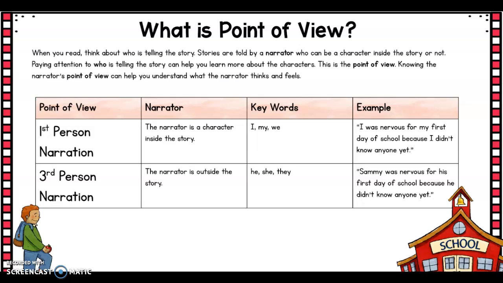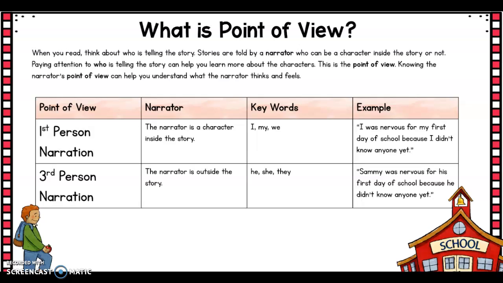What I like to say is I come first. So when I'm talking about first person point of view and I see I, I automatically know I come first. I is first person. An example is I was nervous for my first day of school because I didn't know anyone yet.